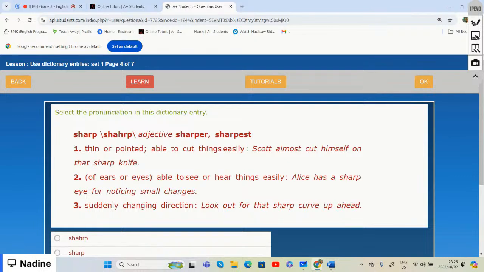We need to select the pronunciation in the dictionary entry, the pronunciation of that entry, how we say the word.